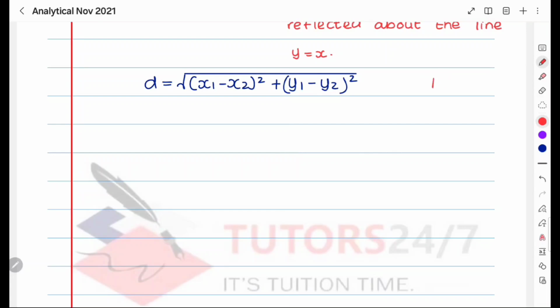We're going to use the coordinate N, which is -1 and 3, and M, which is 3 and -1. This is going to be x1 and y1, x2 and y2. From here, we can substitute.